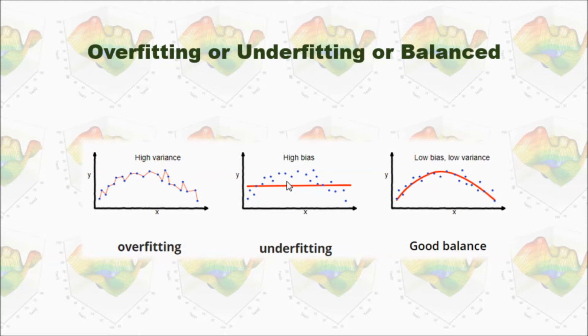This is called underfitting. In the third graph, you can see it has a good balance. It fits the data, but not overfitting. It has low bias and low variance.